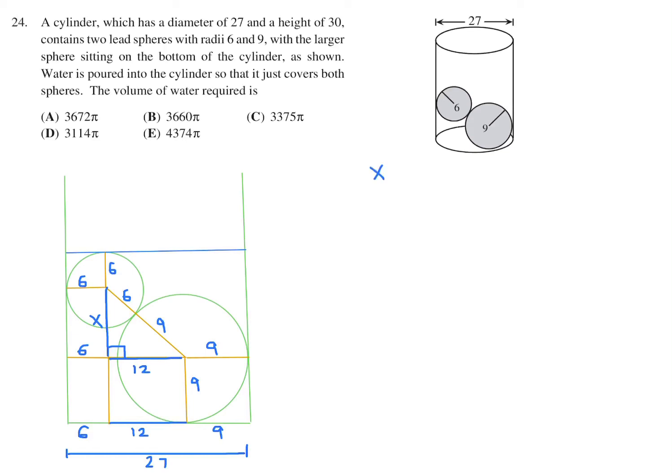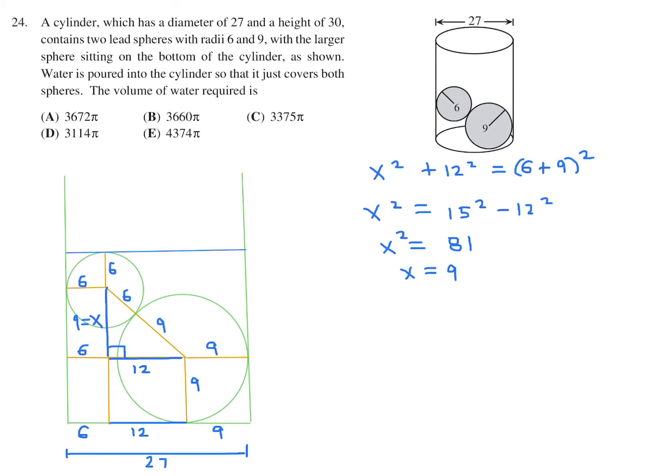So we have x squared plus 12 squared is equal to the hypotenuse squared, and the length of the hypotenuse is 6 plus 9, all squared. It's basically the two radii added together. So this becomes x squared is equal to 15 squared minus 12 squared, and that is 81, and therefore x is equal to 9. So this distance is 9.